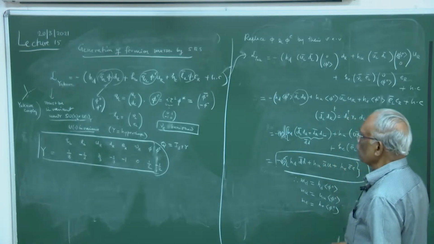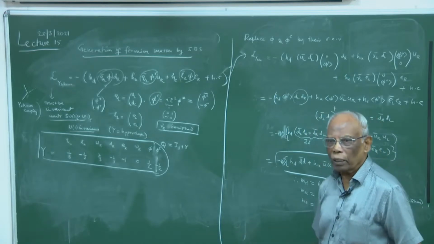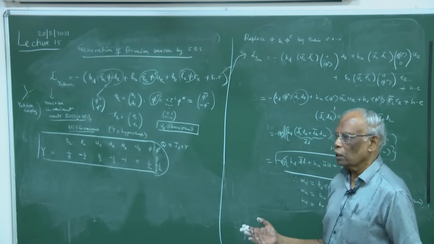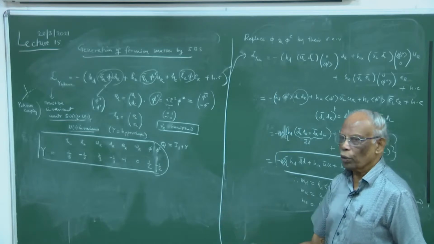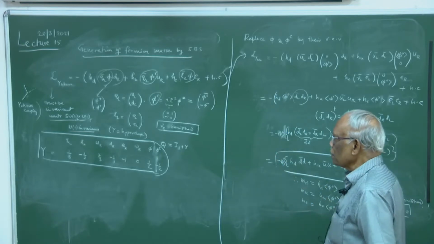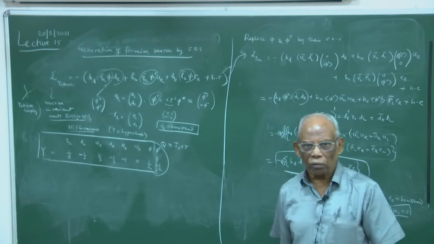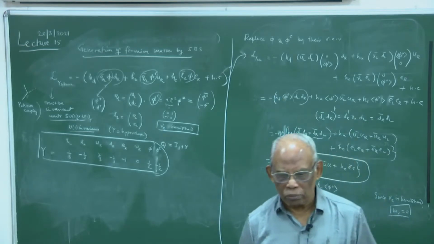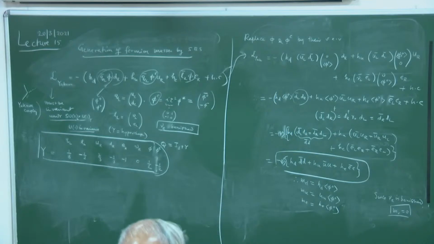Remember, this is only the first generation, u d. We have to take c s and t b. Similarly for leptons, the electron neutrino, muon neutrino and tau neutrino. Those can be treated exactly in the same manner. But there is one non-trivial feature which is coming up. Maybe I will discuss that after the break. When you add the other generations, there is one non-trivial factor which comes in.